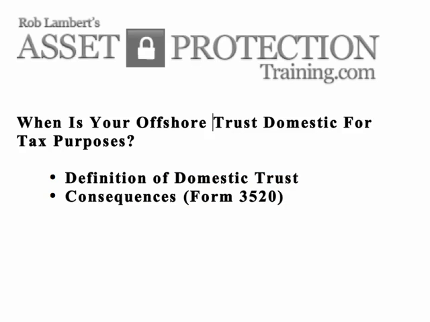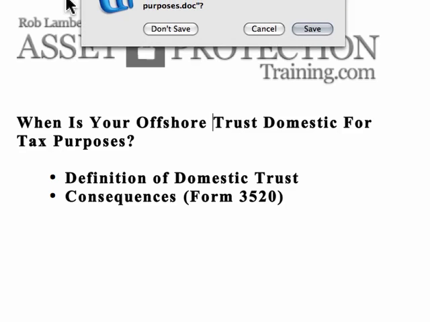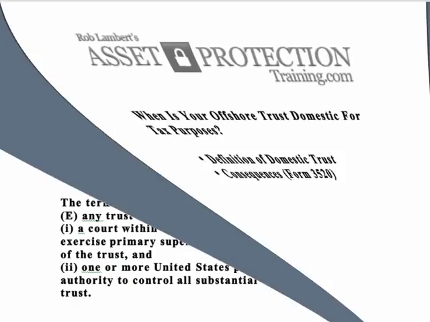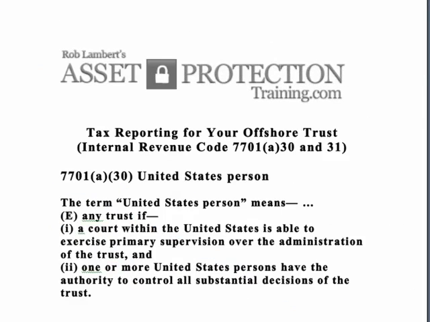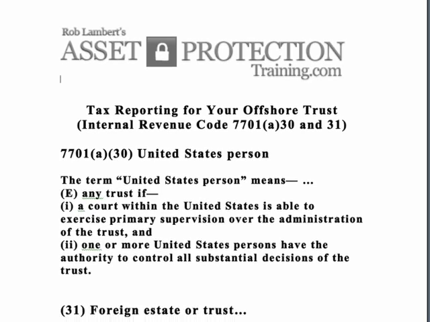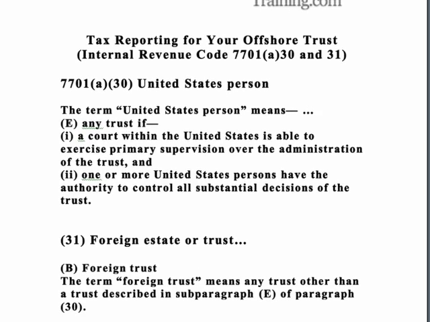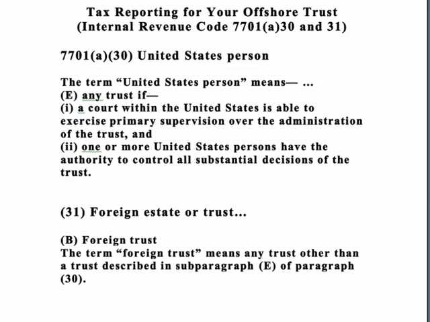Well, first, let's start with what is the definition of a domestic trust. Here we are in the Internal Revenue Code, section 7701(a)(30). We define offshore and we define domestic trust.